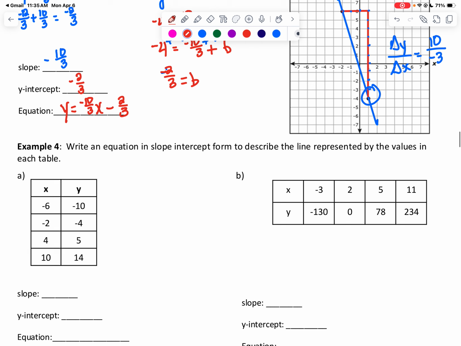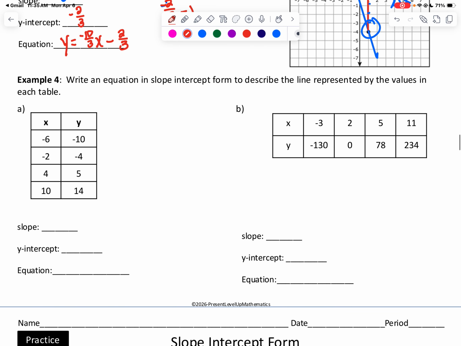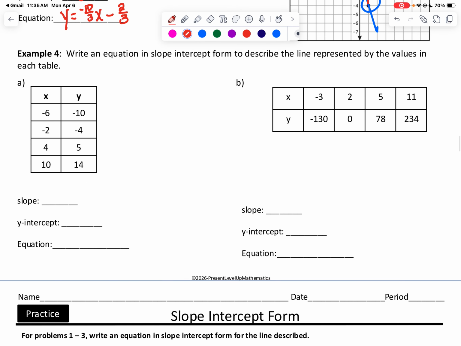All right, example 4. Write an equation in slope-intercept form to describe the line represented by the values in the table. So the first thing we need to do is find our slope. Now, if I were you, to find your slope, you need the 2 friendliest points. So I would probably use these 2. Now write them down side by side. You'll make fewer mistakes.